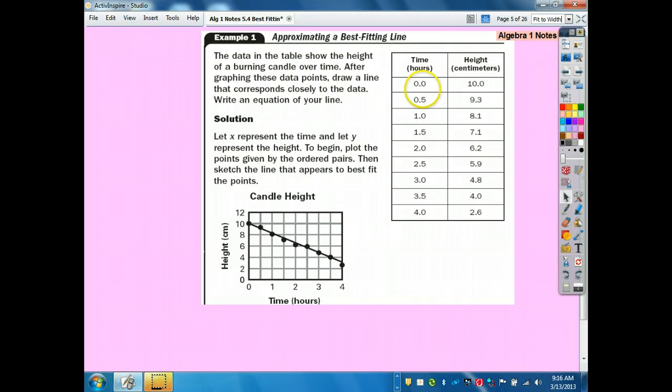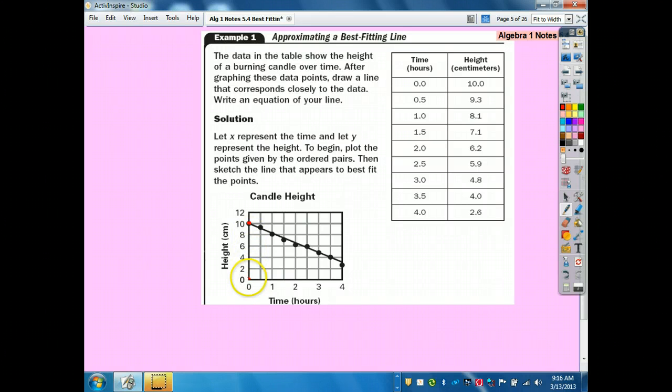So what they've done is they've taken these points. 0, 10. We have a dot right here. What does that mean? This is when the candle was just lit, at 0 hours. It hadn't burned yet.